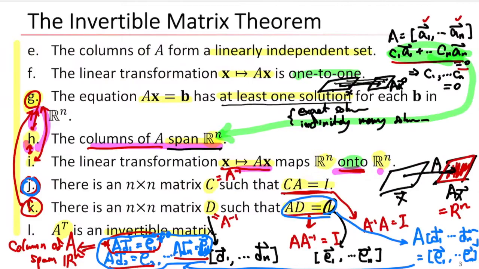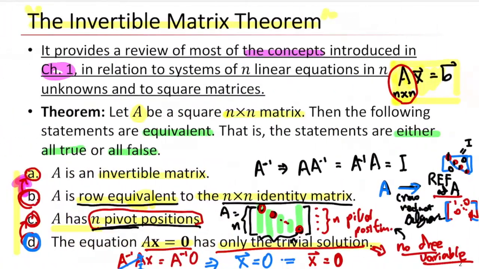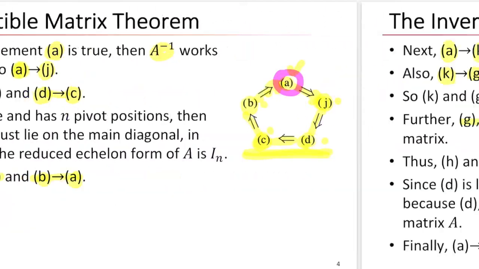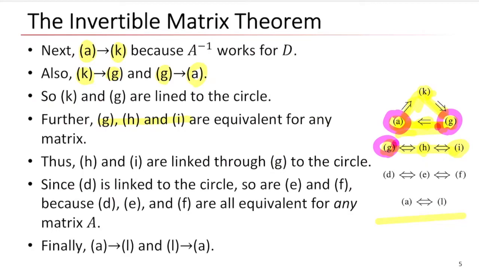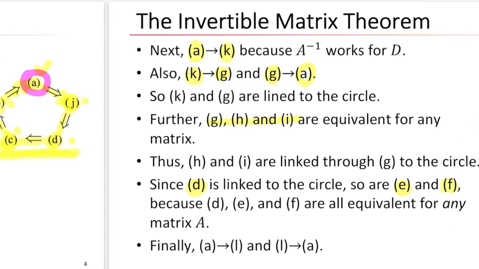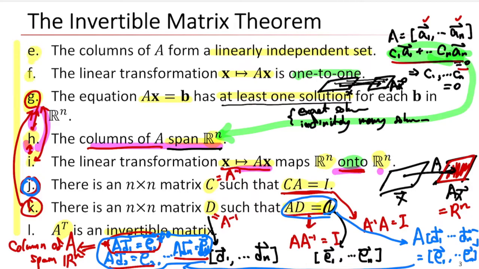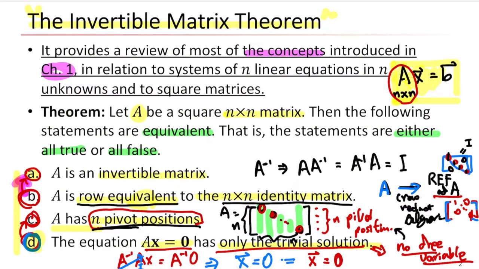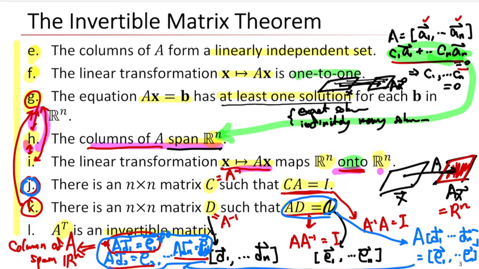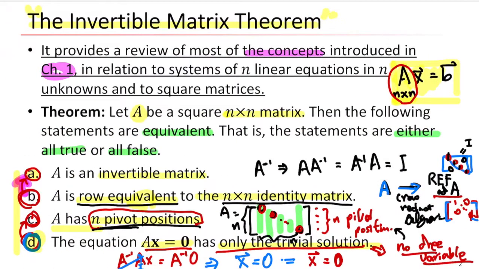And what are the remaining ones? E, F, and I, right? So first of all, statement J is linked to E and F. Why?